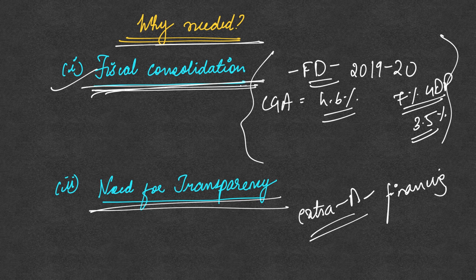For example, if the government wants to provide food subsidy, then the food subsidy has to be provided to the Food Corporation of India. But the government does not have the money to do that. So what the Food Corporation of India is made to do is the FCI will borrow from the National Small Savings Fund. That fund which is borrowed by the FCI is then used for meeting the expenditure towards food security.